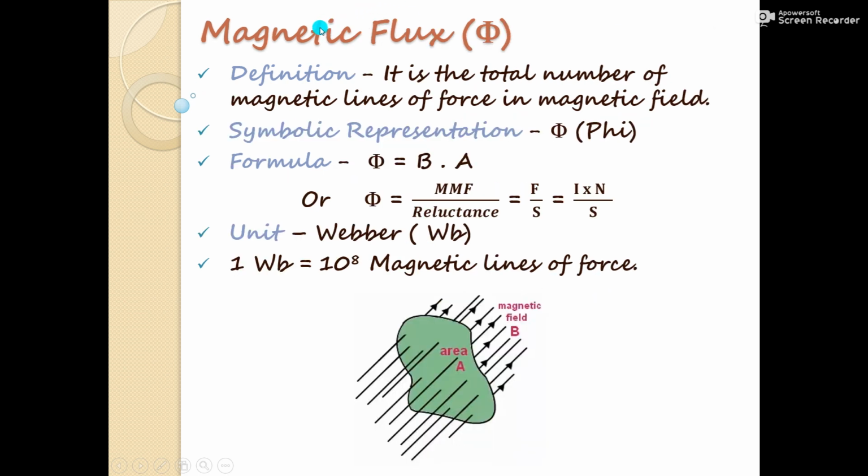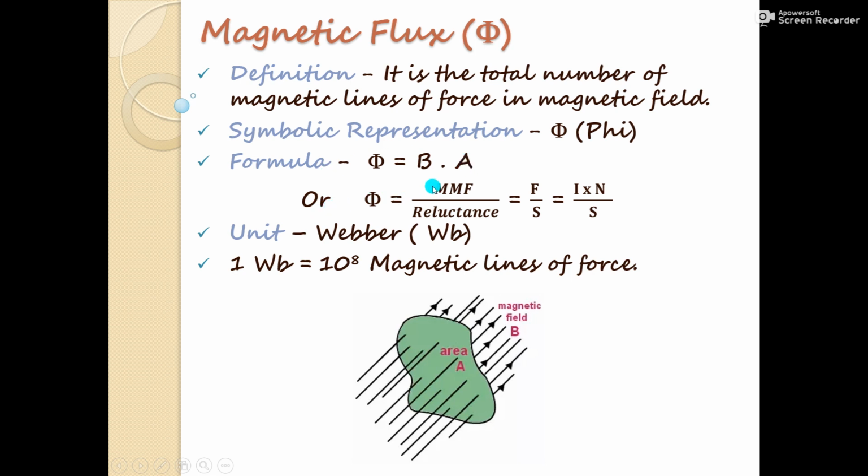The next term is magnetic flux, which we denote by using phi. It is the total number of magnetic lines of force in a magnetic field. The formula for the magnetic flux is phi equal to B into A, where B is the magnetic flux density and A is the area of cross section.